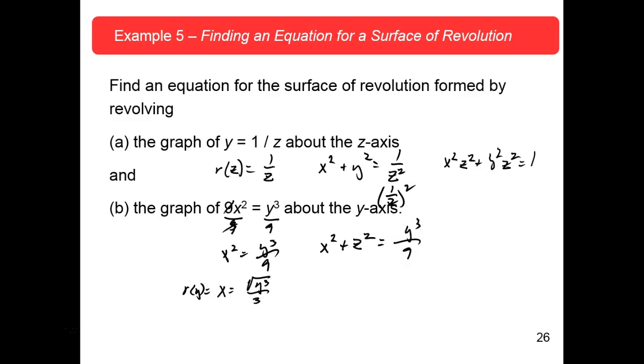According to everything I've seen, that's how they would leave it, but you could write this as 9x squared plus 9z squared is equal to y cubed. That's another way you could write it. They left it as x squared plus z squared equal to 1/9 y cubed. Either one's fine.